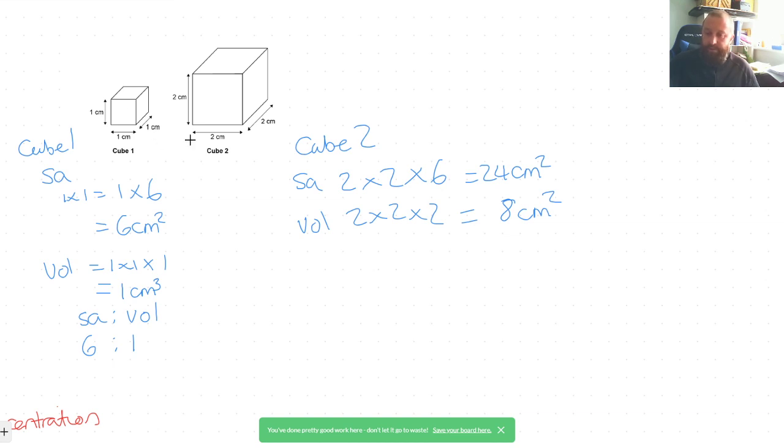So our surface area to volume ratio in this case is 24 to 8. Now, if we then look at the ratio in science, what I would do is divide both of these by the smallest number.